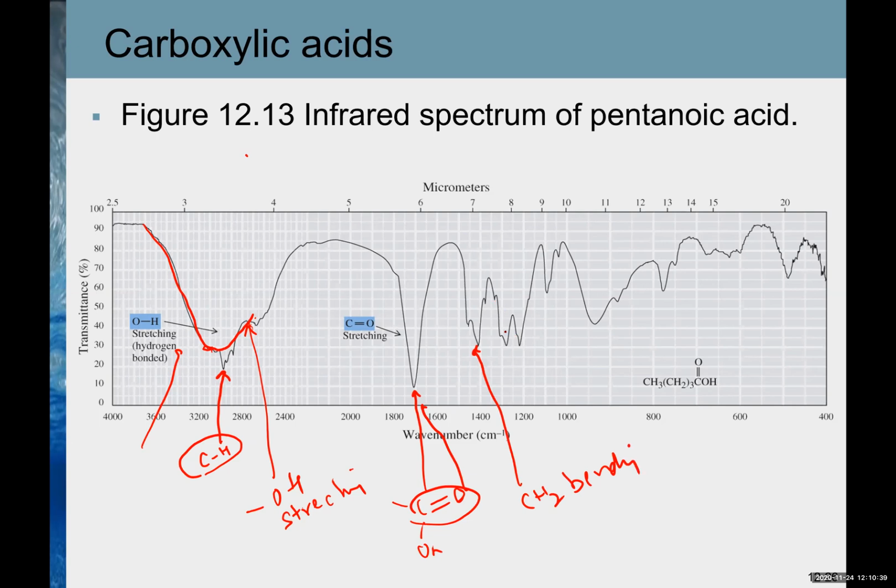CH3 bending, I don't see it. So maybe they are so broad, they merge together. That happens sometimes. But this is indicative of a carboxylic acid functional group. Infrared spectroscopy is more meant to figure out what kind of functional groups are present, and it does a wonderful job in doing so.